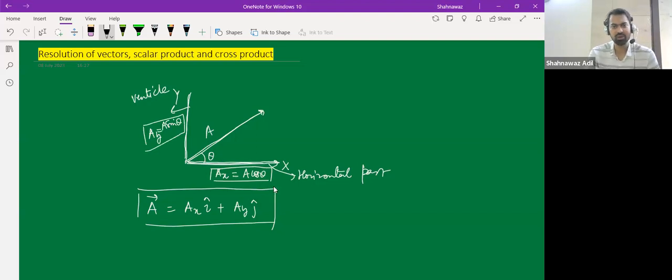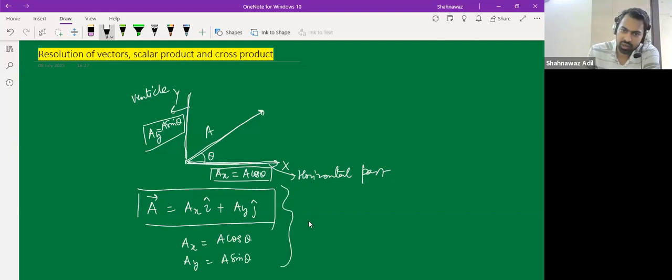You have learned this before in your Amna ma'am's class. So we can write the vector as A cos theta i plus A sin theta j.